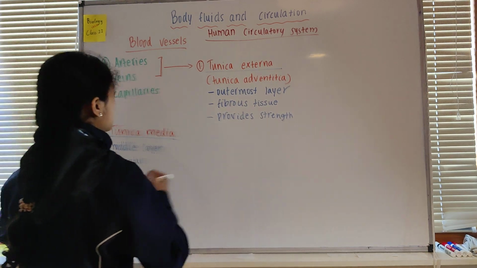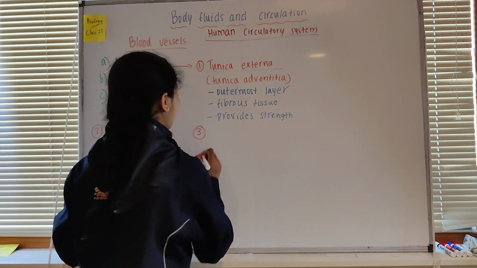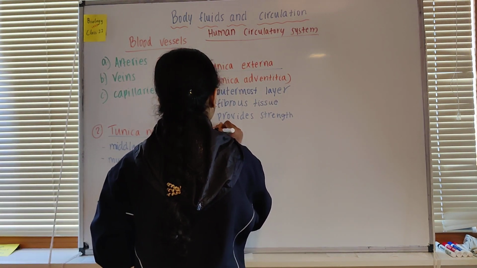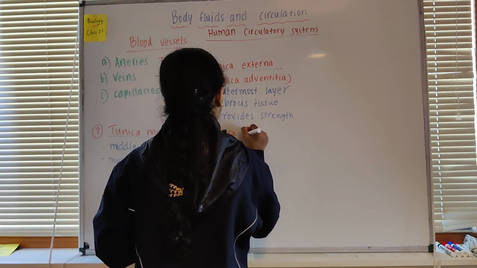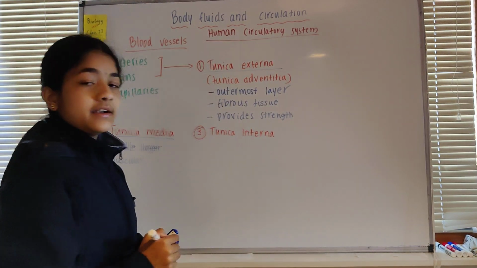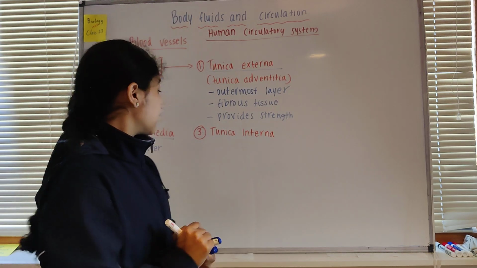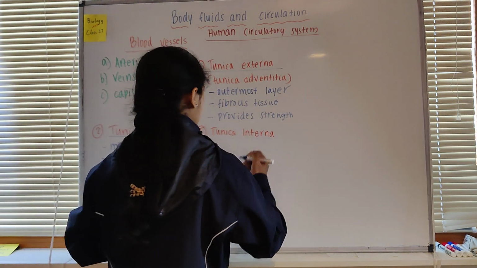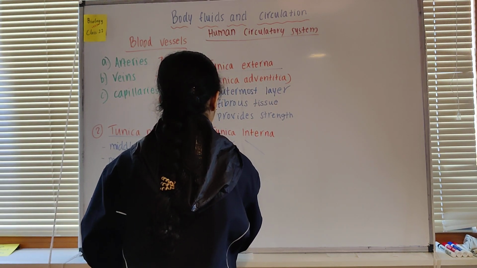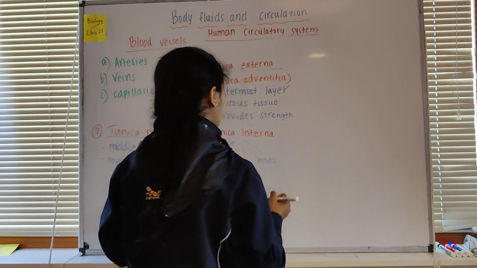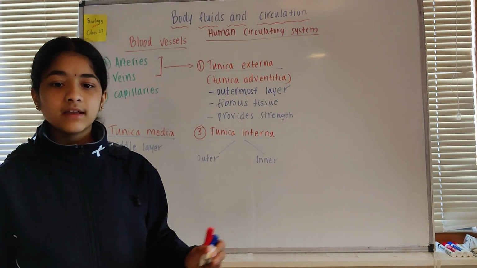And then the third one is called the tunica interna. Tunica interna is the innermost layer, and this layer again is divided into two parts, the outer one and the inner one.